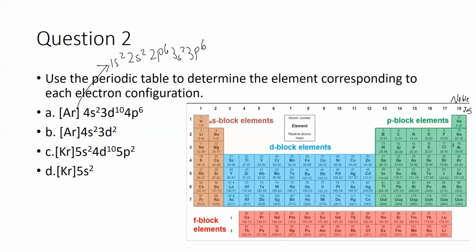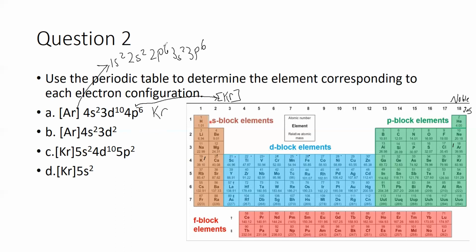That's my starting point. Then 4s2, 1, 2, 3d10, 1, 2, 3, 4, 5, 6, 7, 8, 9, 10. That's 3d10. Then 4p6, 1, 2, 3, 4, 5, 6. So this is the electron configuration for krypton. Or, since it's a noble gas itself, these two things are equivalent.